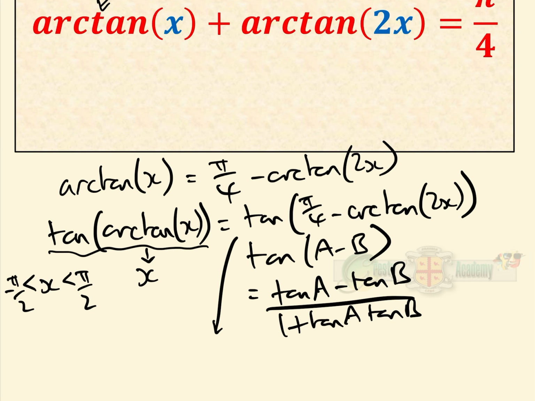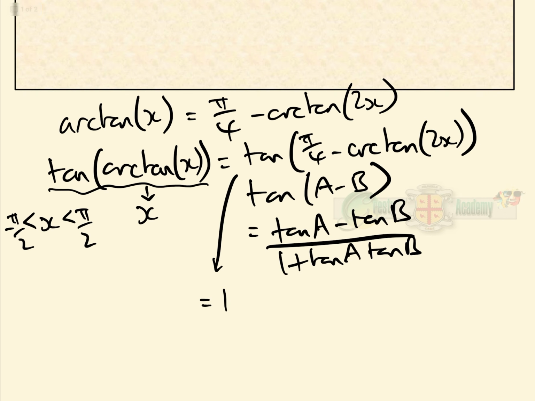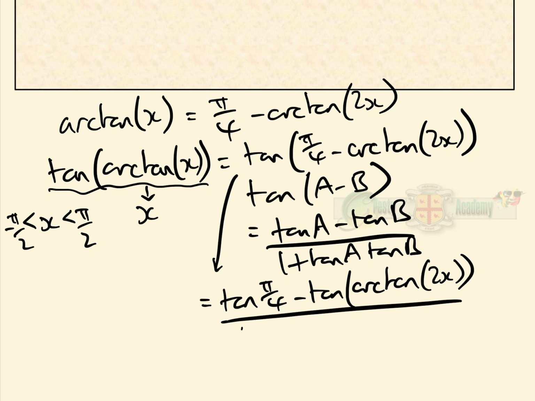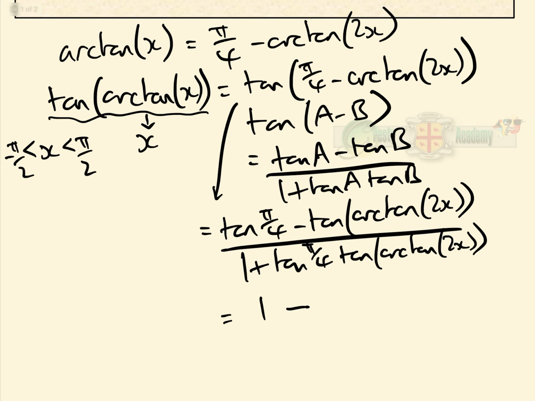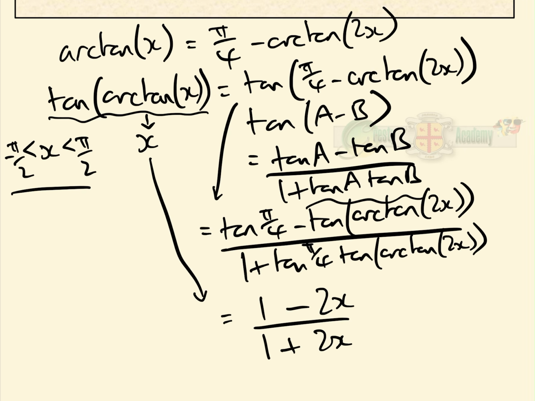So putting that formula in here, that gives us tan of pi over 4 minus tan of arctan of 2x over 1 plus tan of pi over 4 tan of arctan 2x, and of course tan pi over 4 is equal to 1, so this gives us 1 minus, and again tan of arctan, as long as we're within our range here, is just 2x, so 1 minus 2x over 1 add 2x, and that equals x.